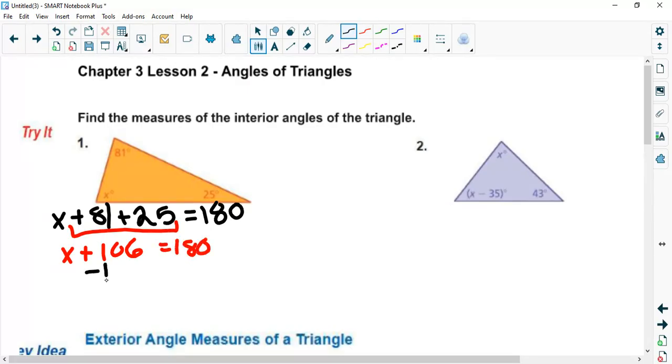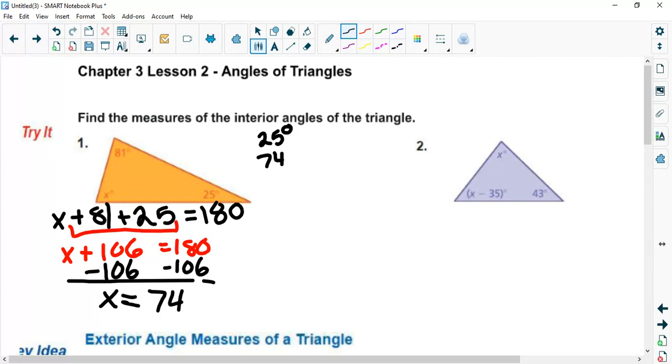Then I subtract. So 74. So my angles are 25, 74, and 81.